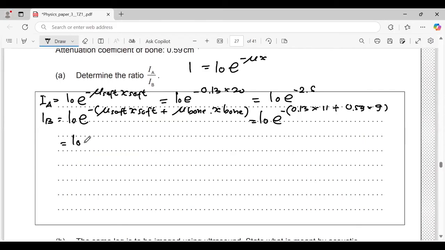If you calculate this, it is minus 6.74.